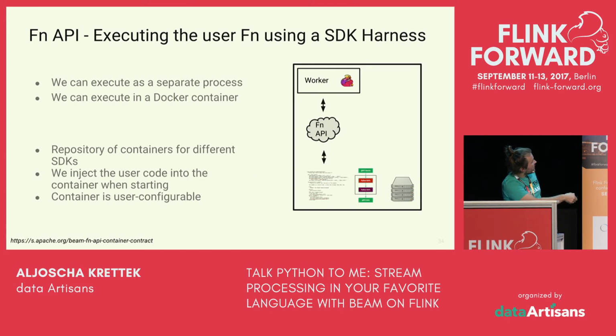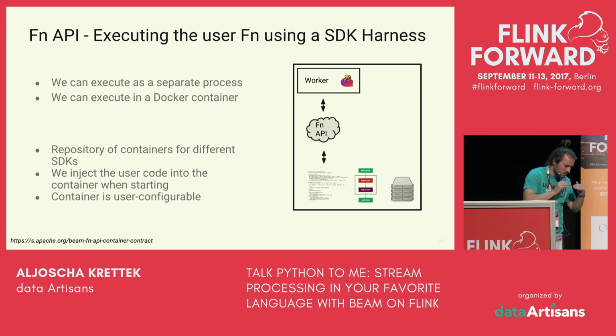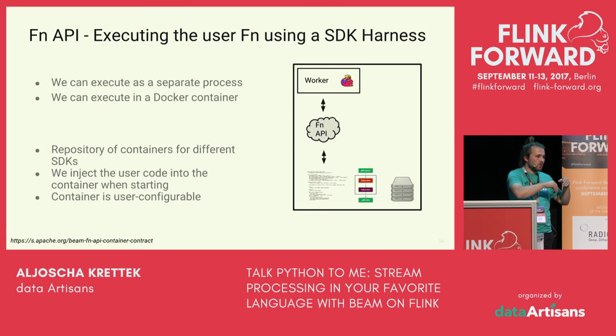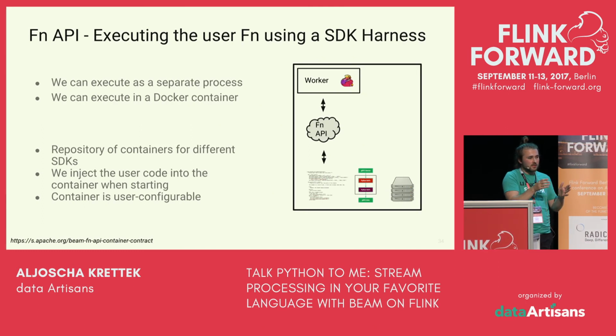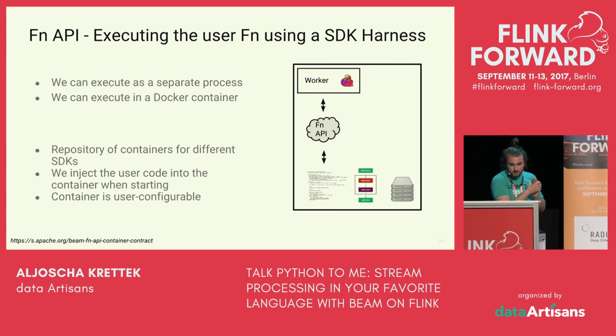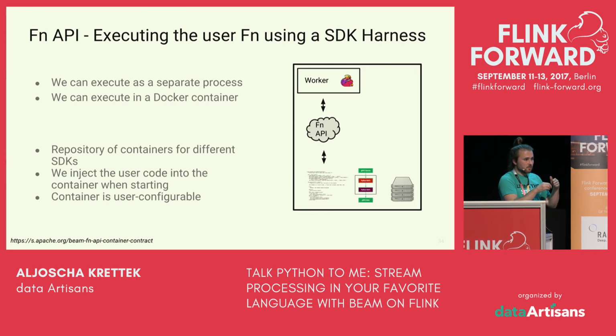So here, let's say we have our worker, and it's executing this code using this pipeline. And how we actually execute this SDK harness can be done, for example, by executing a Python process where we run this harness, or as is actually planned in this design document down there, is we have Docker containers for specific languages that execute these user functions.